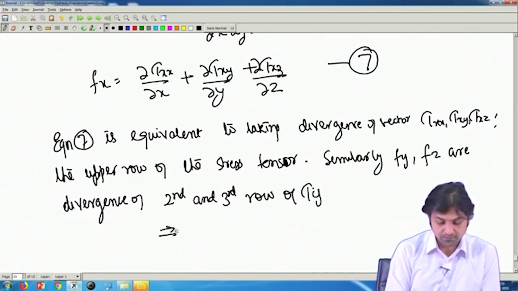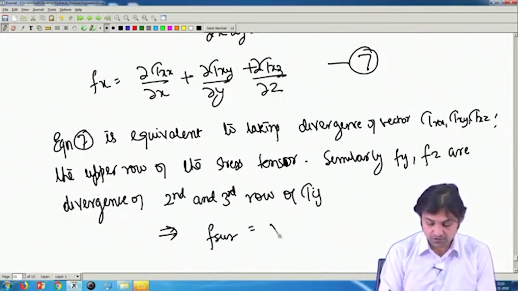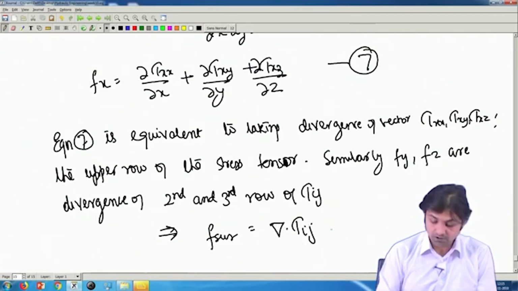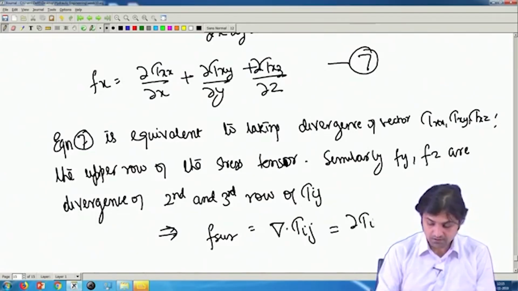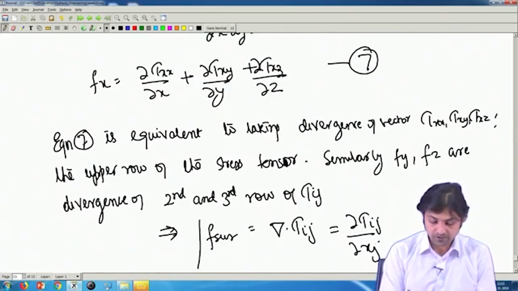Okay, this simply means that the total surface force will be the summation of these forces. So in vector terms we can simply write the divergence of tau ij, del tau ij by del xj. All right.